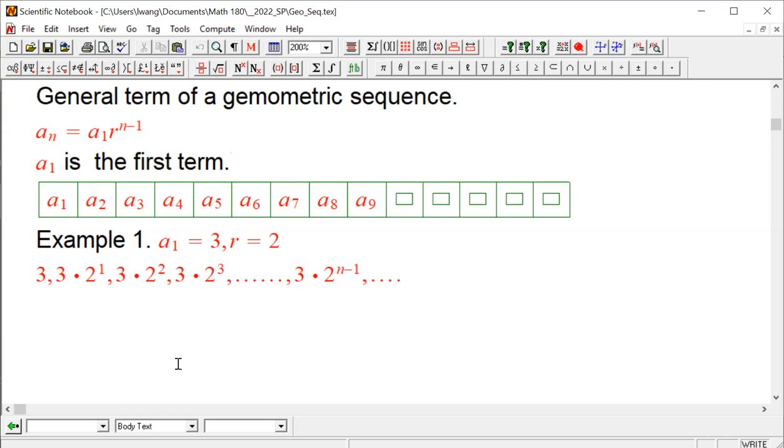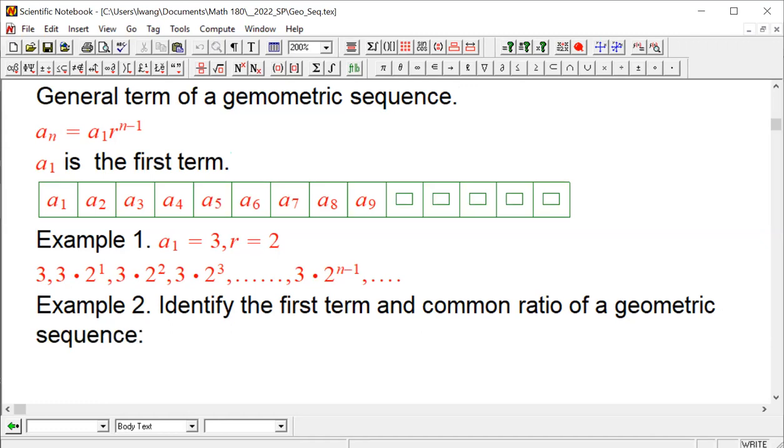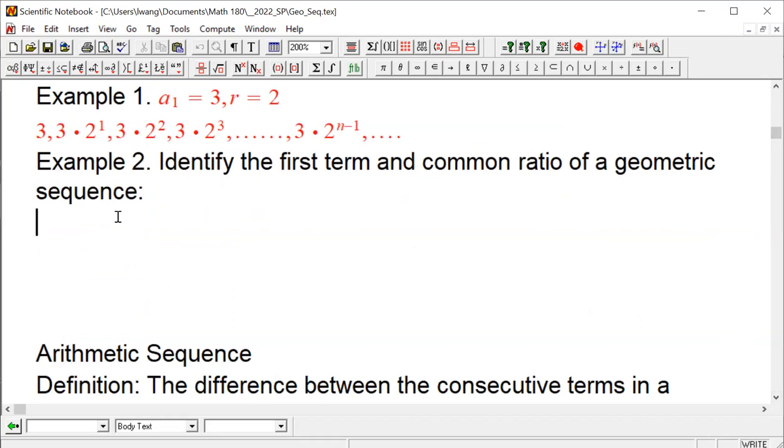Okay, so let's look at another sequence. Example number 2. This time we want to identify the first term and the ratio, of course the common ratio, of a geometric sequence. Let's see what this sequence looks like.